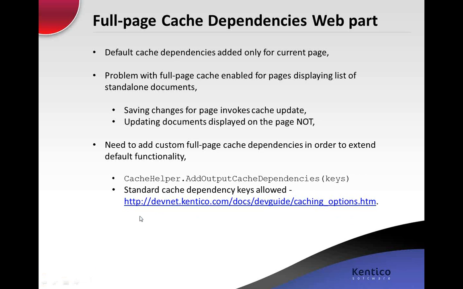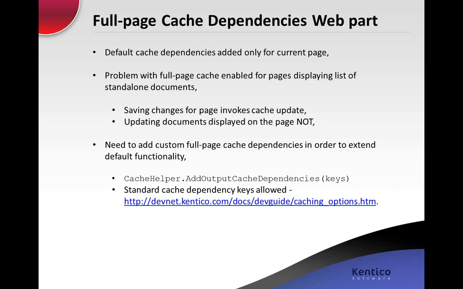For a node and all underlying child nodes, you would use node pipe, site name pipe, alias path of the node, pipe, and child nodes.